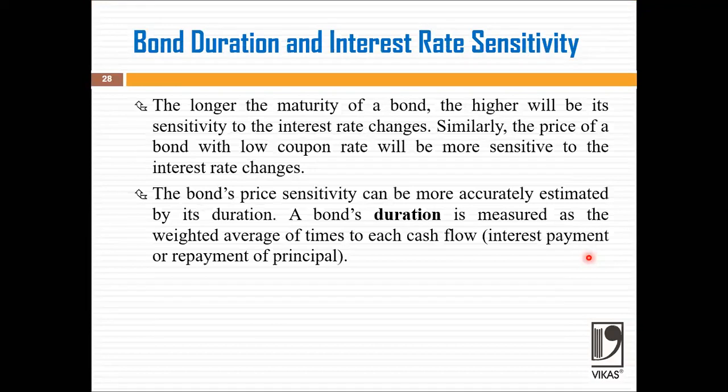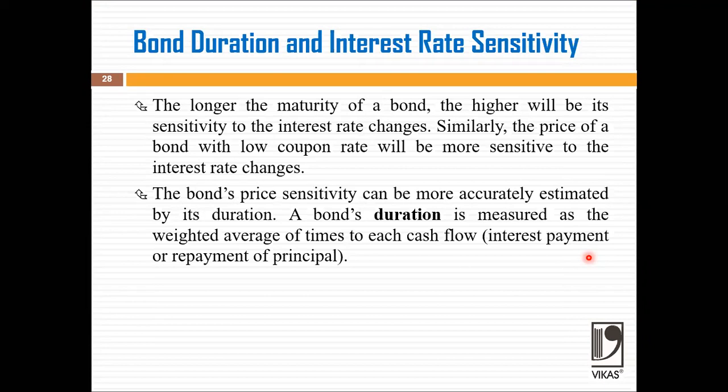Bond duration and interest rate sensitivity. How sensitive is the bond to the rate of interest, and its duration. The longer the maturity of bond, the higher will be its sensitivity to the interest rate changes. Right?